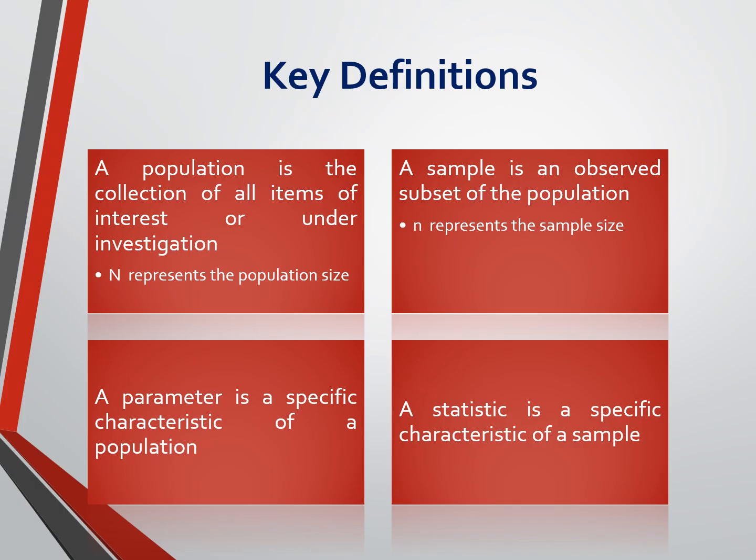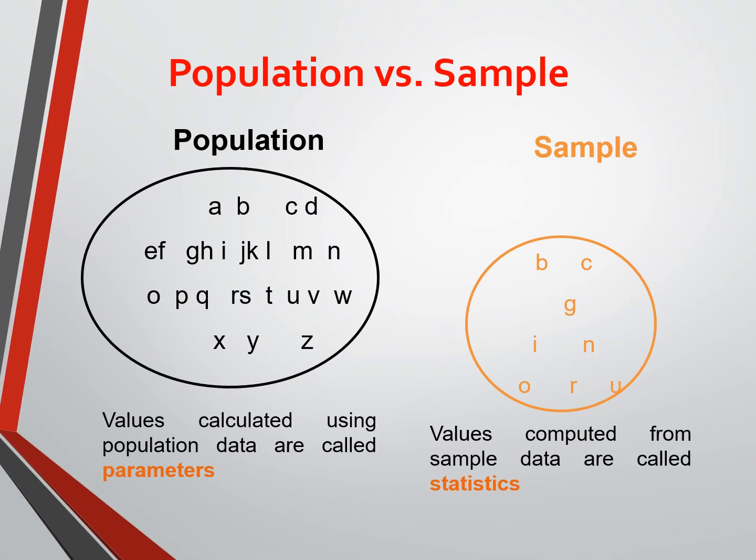Now from the population, we select the sample. It is a subset of the population, and whenever sample data have been worked out, the result is known as statistics. Here I have taken the 26 alphabets as the population, and from that we are choosing 8 alphabets.